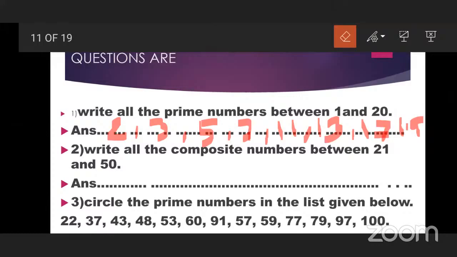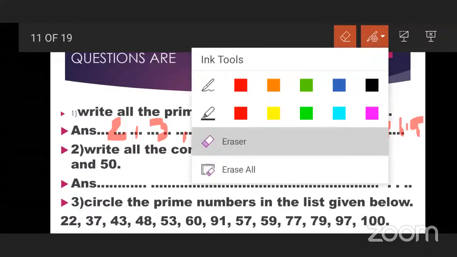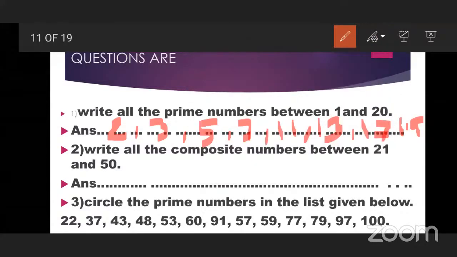So 37 is a prime number, because its factors are 1 and itself. So we have to circle this number, because it is our prime number.